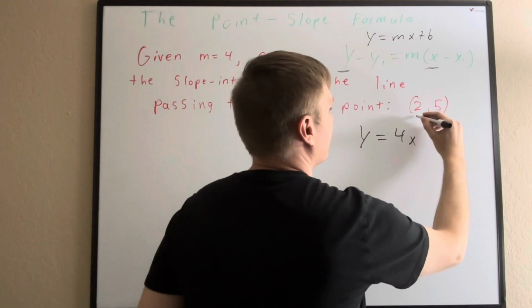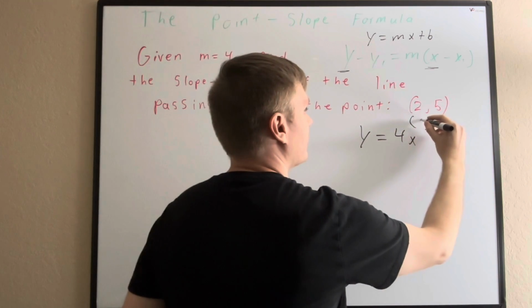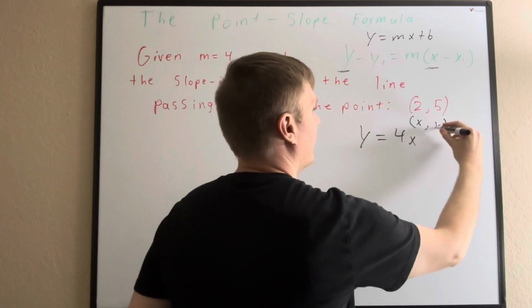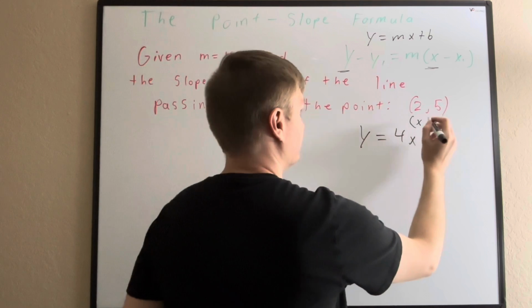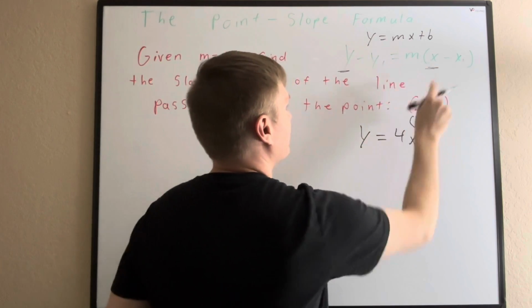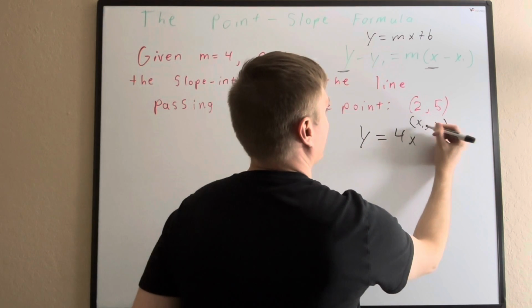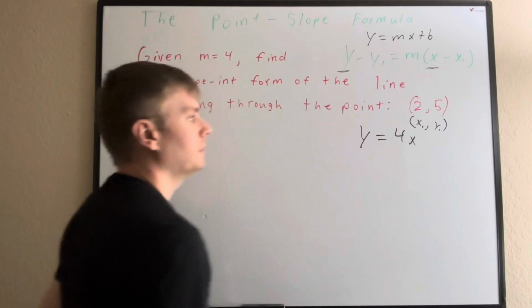This is an ordered pair, right? And we all know ordered pairs are x comma y. But in order to substitute the numbers in for the point slope formula, we're going to put a little sub 1 next to it because that's our point.